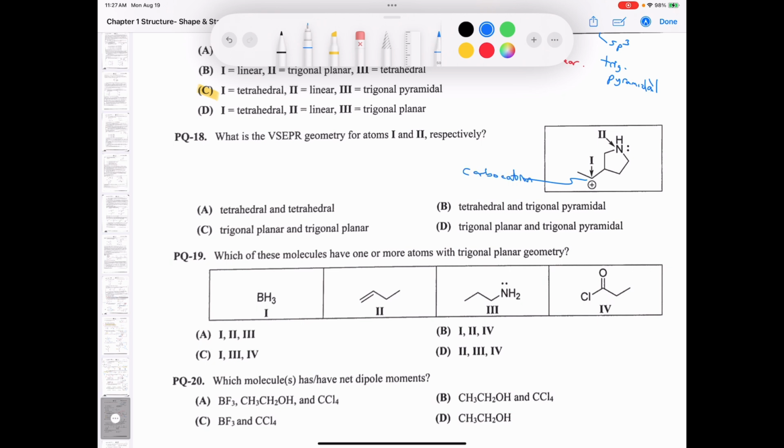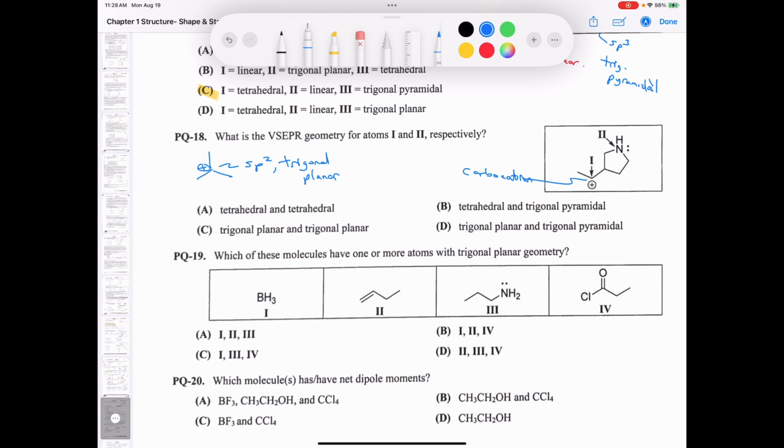And one thing that you should have learned in Organic Chemistry 1 is that when you have a carbocation, the carbon is sp2 hybridized and its molecular geometry is trigonal planar. Okay, and that has a consequence in some types of SN1 reactions, for example.